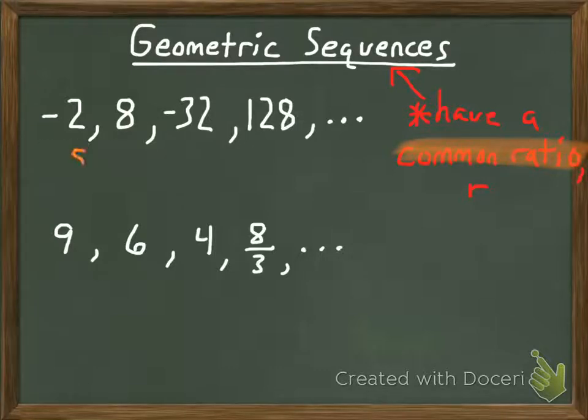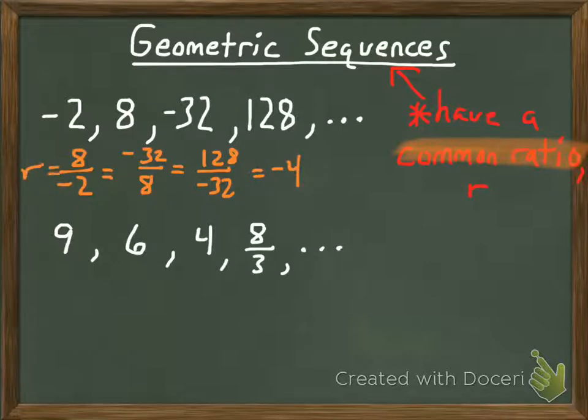So for instance here, 8 divided by -2 is equal to the same thing as -32 divided by 8, which is also equal to the same thing as 128 divided by its previous term, -32, which is -4. So that's the common ratio there, and that's why it's a geometric sequence, because it has that common ratio. And I'll show you that that works here as well.